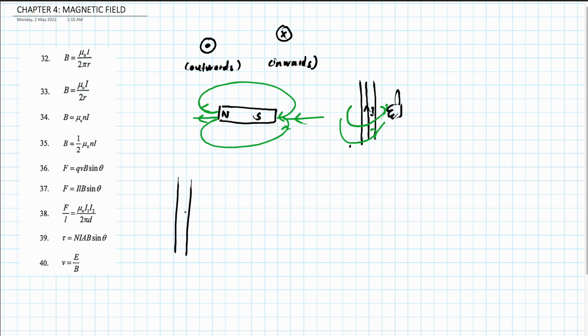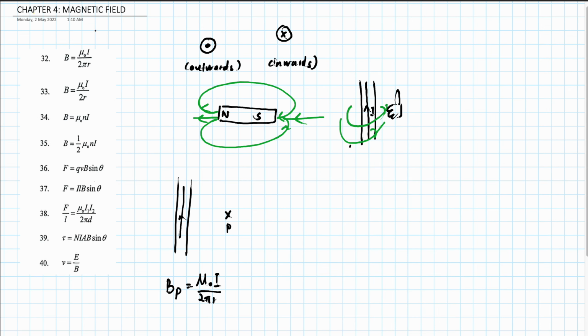Kalau kita ada satu point dekat sini, contohnya point P, dekat point P ini dia akan experience magnetic field lah. So untuk kita kira magnetic field at point P, kita akan guna konsep straight wire lah, which is magnetic field dekat point P equals to mu naught I bahagi dengan 2 pi r.